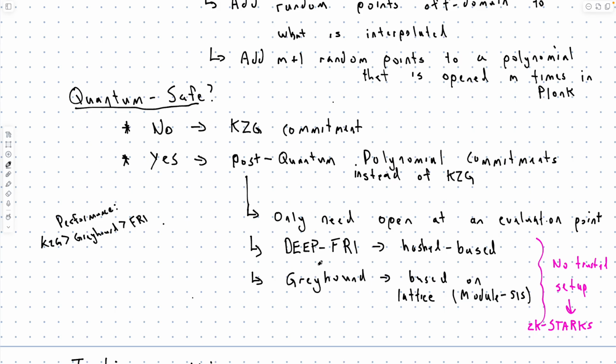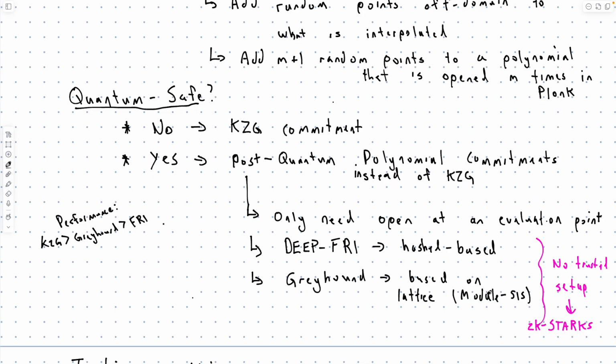So should Greyhound just completely replace DEEP-FRI? So this module SIS isn't as well studied as hash functions. And so people aren't sure that it's exactly correct, and they worry about whether this is actually post-quantum. And there have been some other lattice-based hard problems that were supposedly hard that ended up not being hard. People found quantum algorithms for them.